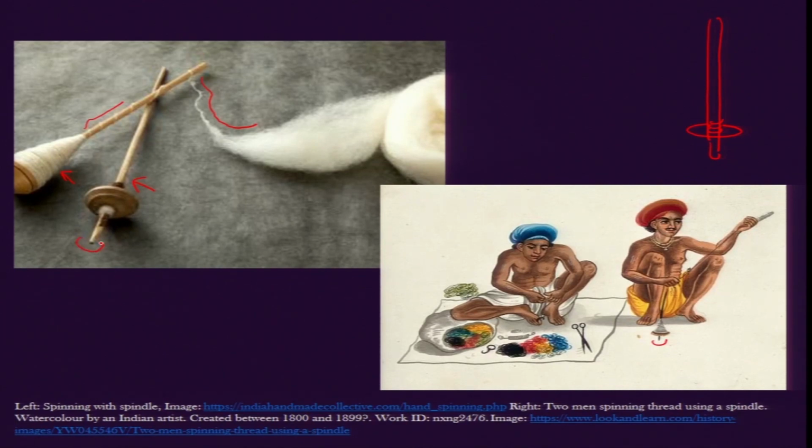The spindle is held vertically on the horizontal plane, and the man also holds a bit of cotton fiber in two hands, creating tension, slowly extracting the fibers and twisting them on the spindle. That is how the entire yarn production takes place. It is one of the simplest means of yarn production, as I have already mentioned.